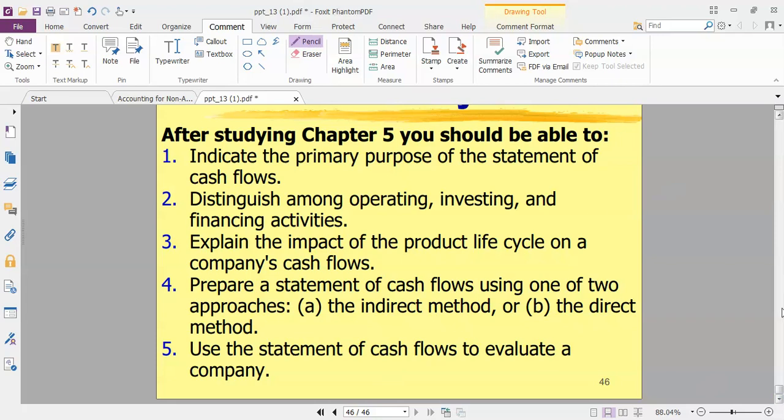Did you have any question regarding this chapter? Michelle? No. Okay, so I will find you the questions about the cash flow statement, and after I find them, I will share them with you so that we can discuss together. Alright?